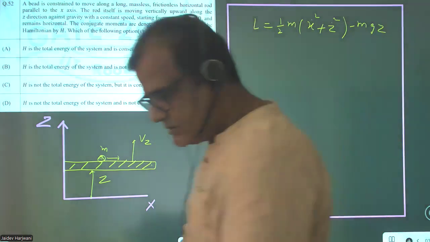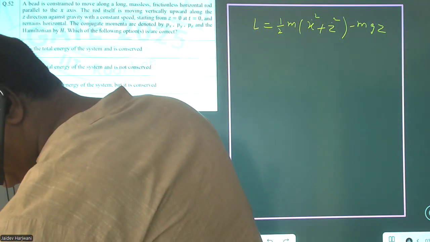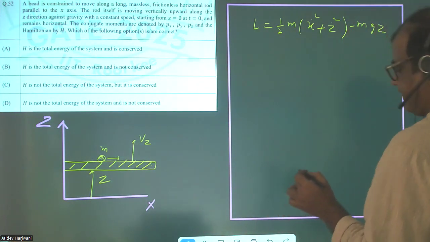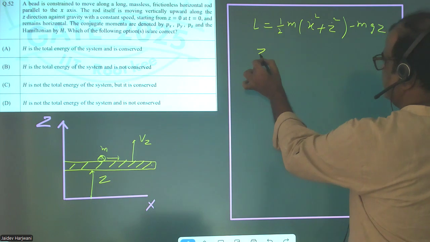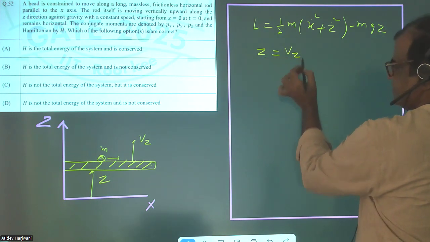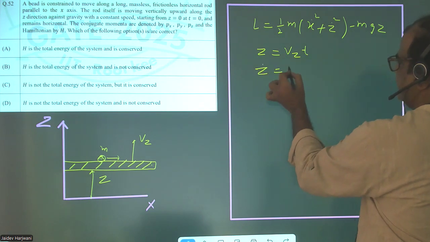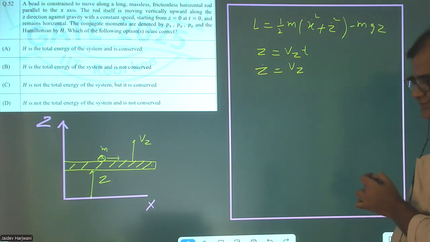Now the system is moving with a constant velocity. So I say my z will be simply vz into t, and my z dot will be simply a constant vz.